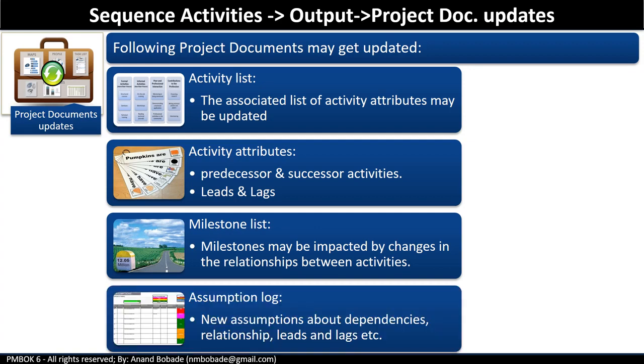Assumption log. The assumptions and constraints may be impacted by change in the relationship between activities identified during this process. For example, mandatory dependencies cannot be changed, and this may impact some existing assumptions, or it may result in identification of new assumptions.